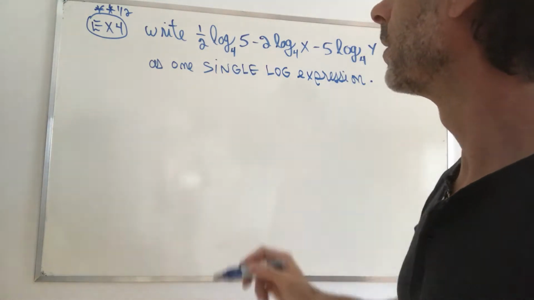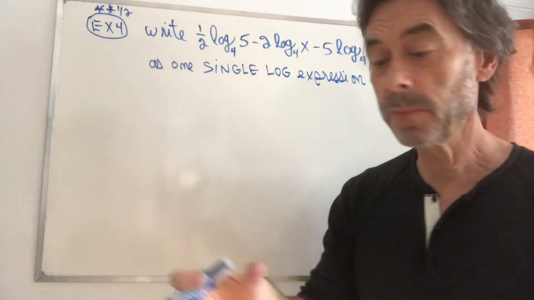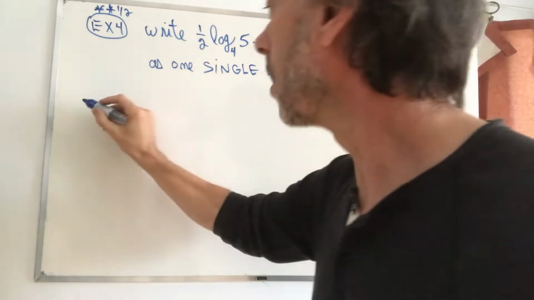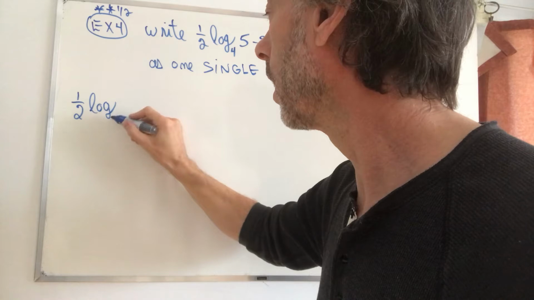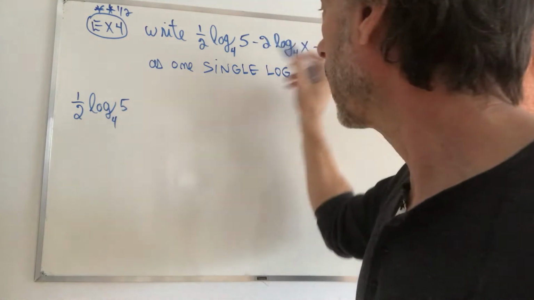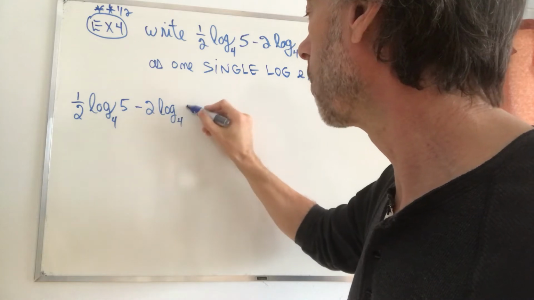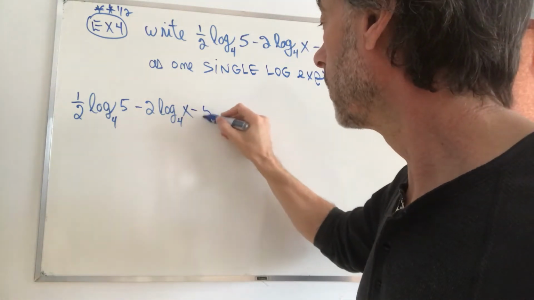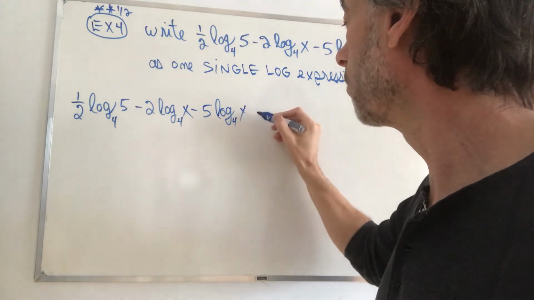Okay, so this time I have the expression written all out. I want to bring it back into one single log. So 1/2 log base 4 of 5 minus 2 log base 4 of x minus 5 log base 4 of y.